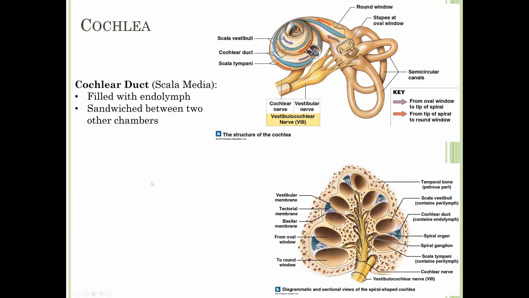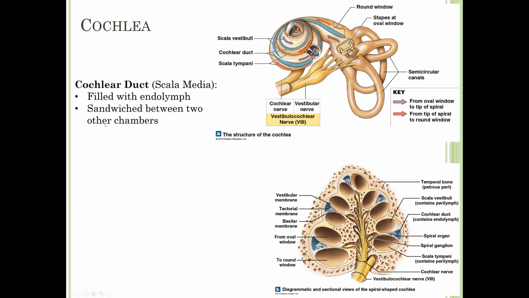All right, so let's look at the anatomy of the cochlea a little more carefully. As we mentioned before, the cochlear duct is going to be the part of the cochlea that is filled with endolymph, and it's going to swirl around the snail shell. In this top picture here, it's shown as the blue line that is swirling around the cochlea.